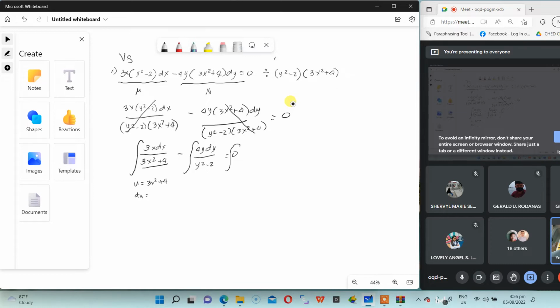Anyone? Since no one could answer, the derivative of this is obviously 2 times 3, that is 6x, and the derivative of a constant is 0. So therefore that is 6x dx.